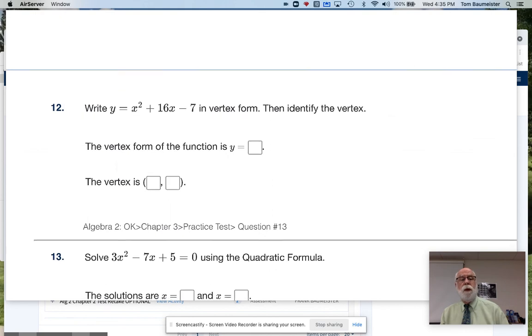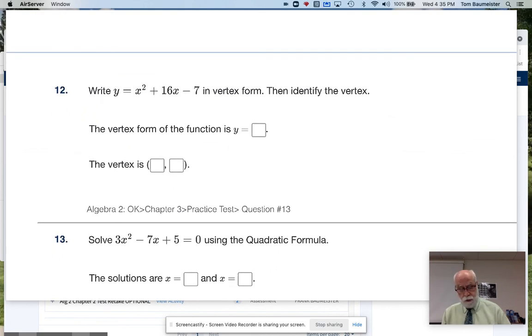Okay, with a couple classes, that's where I finished. A couple classes, I did get to the last one here, number 12 here. So if we look at number 12, remember on this one here, I told you what to do. Since we have two variables, we have our y here and we have our x's. So since we have that y there, we are just going to go ahead and put it all on one side.